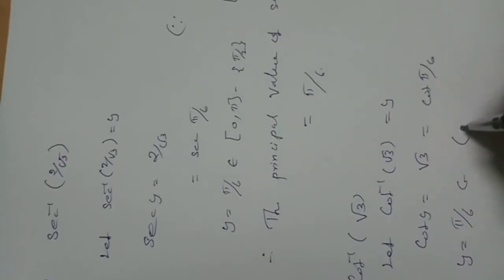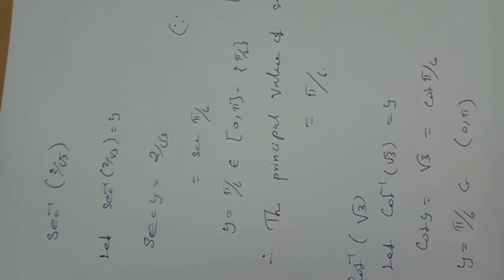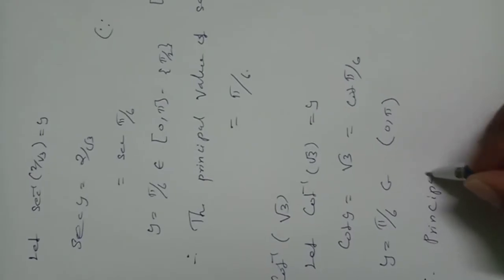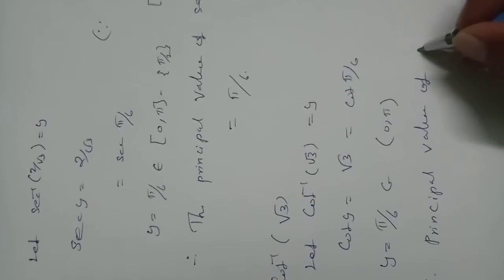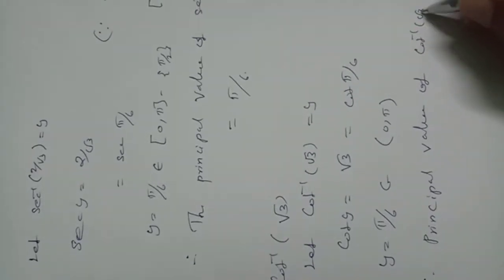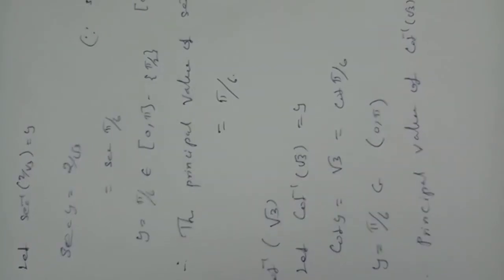This belongs to 0, pi. Therefore, principal value of cot inverse of root 3 is pi by 6. Now the 9th problem.